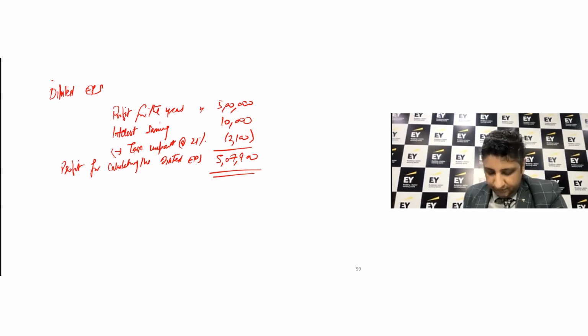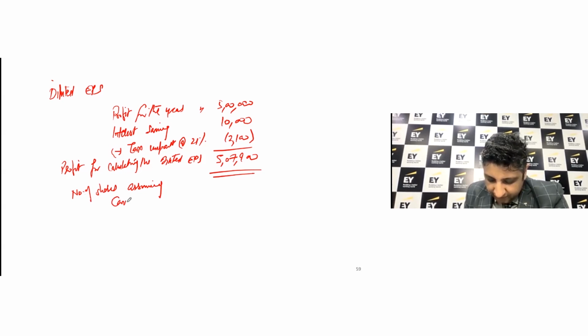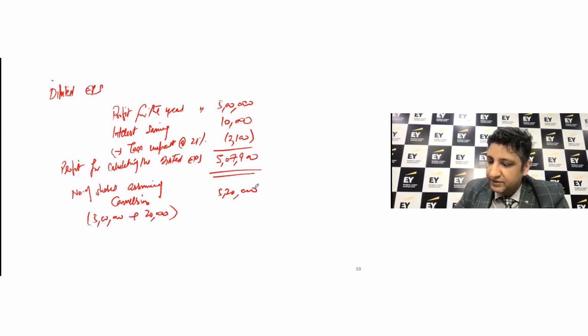Okay. Now, we are now talking about, of course, the number of shares assuming conversion, right? We originally had 5 lakh shares. The additional number of shares are 20,000. So that makes it 5,20,000.